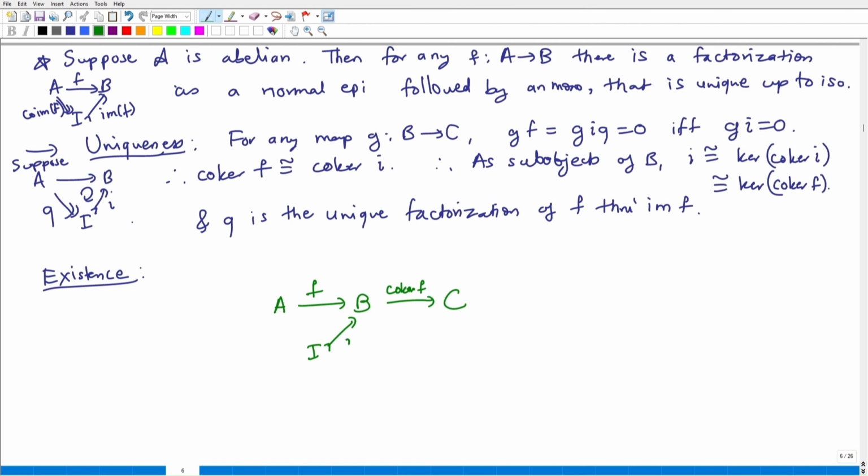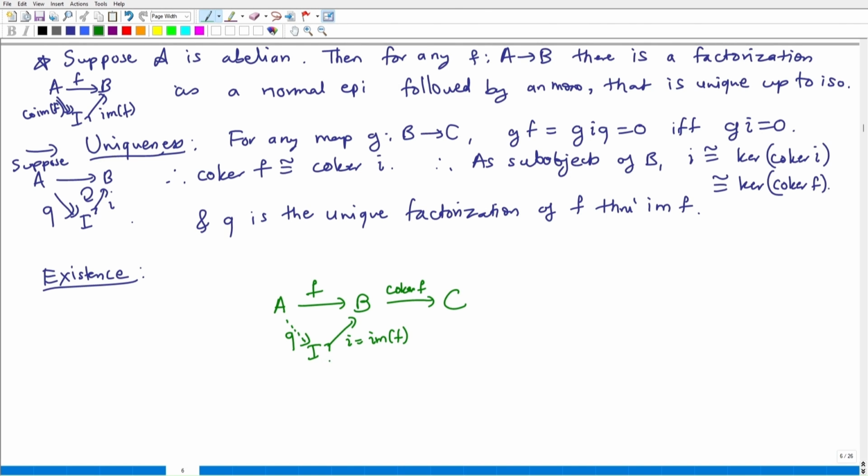So let's say I is equal to the image of F. Then because co-kernel F composed with F is equal to 0, I must have a factorization of F through I. F must factor through I, because co-kernel F composed with F is equal to 0. Still with me? Okay. Now, this is Q.